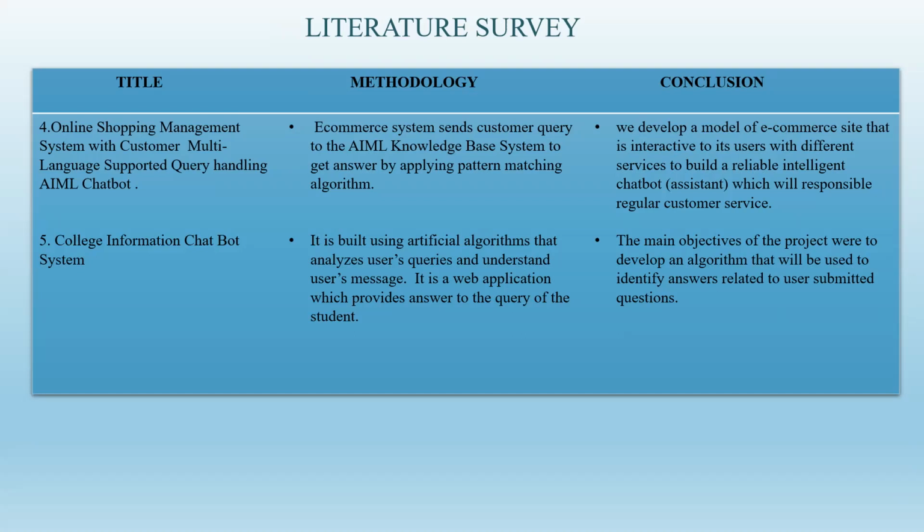It is almost similar to the college website in our college, no? It is almost similar to that only. In this, they develop an algorithm that will be used to identify the answers related to the user-submitted queries or questions. That's all about the literature survey.